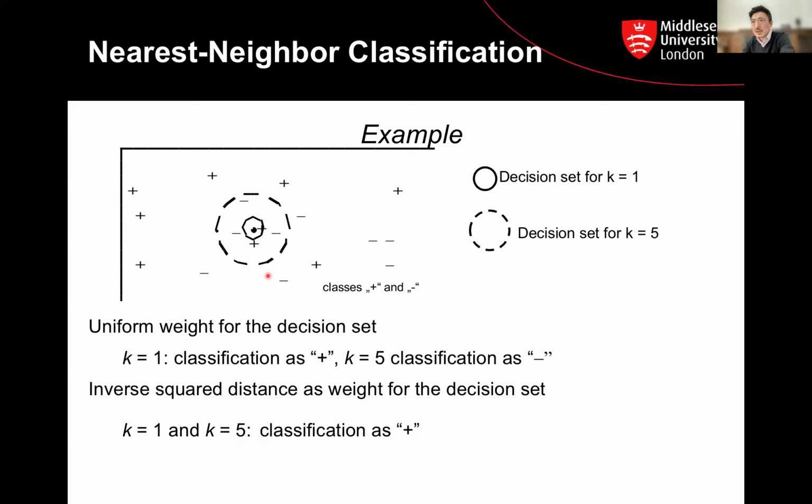So that will be this one. Then you can see within these 5 nearest neighbors, there are 3 minus and 2 plus. In that case, I can say the class for this one should be minus because I have 3 minus.